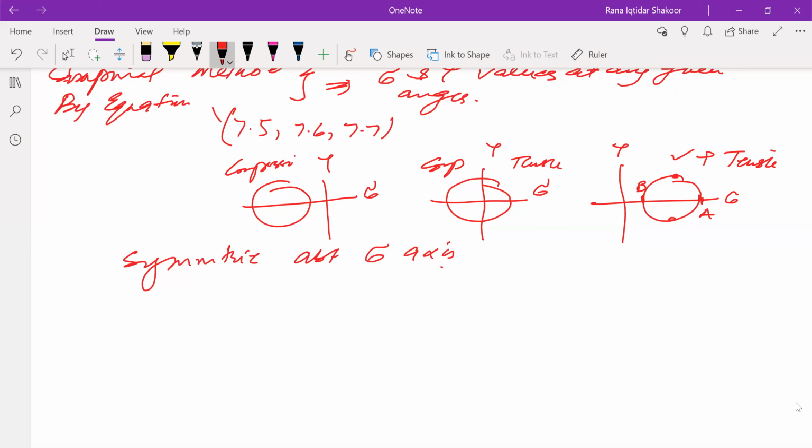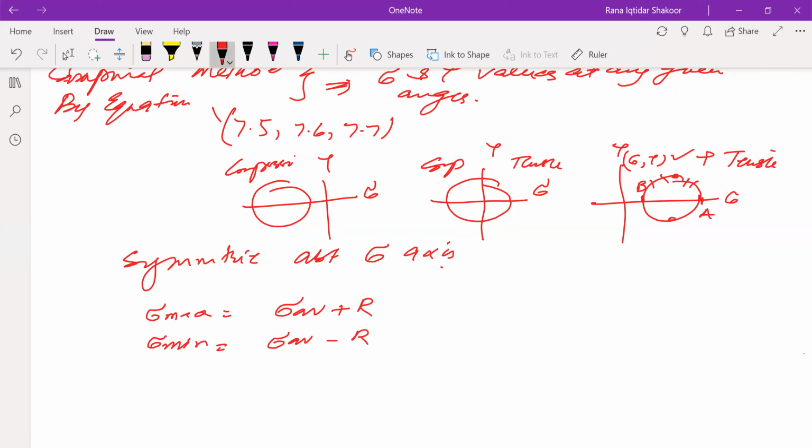We can calculate any other value, because all these values are combinations of sigma and tau; these are the coordinates. So sigma max will be sigma average, which is the center, plus r, and sigma min will be sigma average minus r.